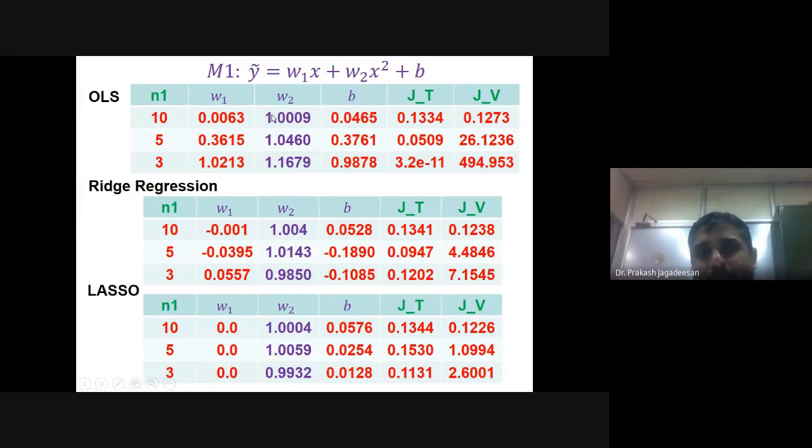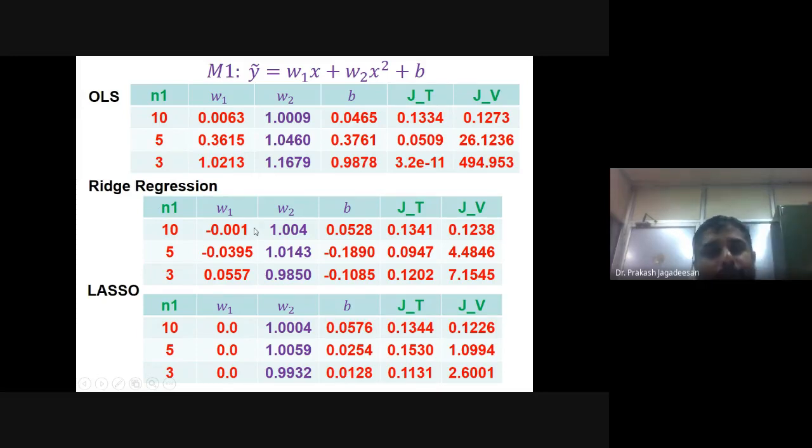In the second, third, and fourth columns, I've reported the estimated values of the parameters of the model, that is W1, W2, and B. In the last column, the testing error, that is the mean squared error using testing data points. In the last but one column, the mean square error using training data points. So training error, testing error, and the parameters estimated using the least squares approach for different numbers of data points are reported.